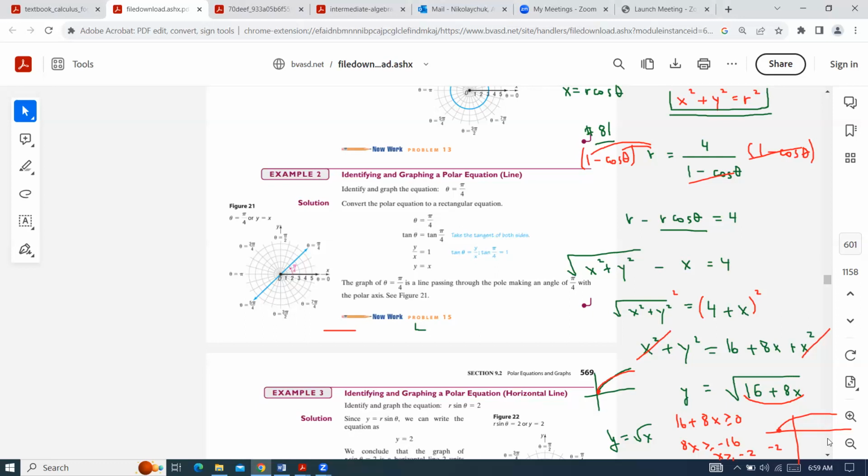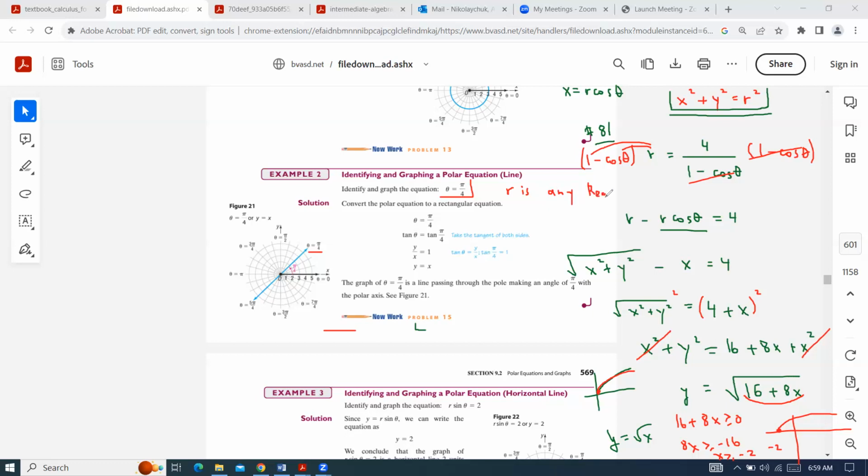So I just tried to open the door into it, and actually all the graphing occurs here in the next section. For example, if you look at the second example with angle theta equal to pi over 4, it means that r is any real number, right? Because they don't tell you what r is.